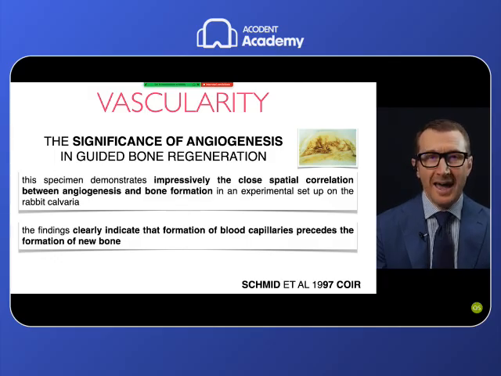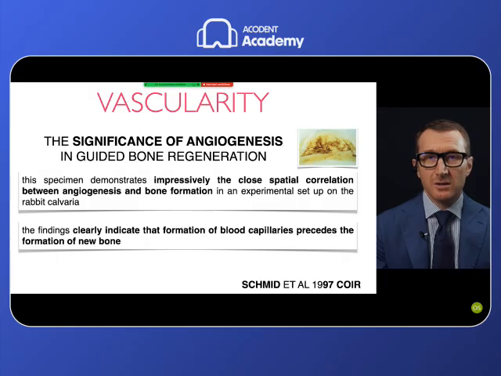If we don't have enough blood vessel supply, we are not going to have too much bone formation, because the cells that are going to be transformed into new osteoblasts are coming from the blood vessels, are perivascular cells.